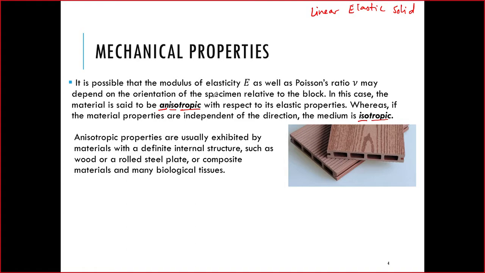Next, to add to the complexity, if instead of talking about directional dependence, we now talk about positional dependence of the material properties. Matlab ye कि if I look at this wood and I can already see कि कुछ फर्क थोड़े से इसमें patterns बन रहे हैं. So what if I take a sample from here and test it and find out what its Young's modulus is, whereas if I take a sample from here and test it, it turns out that it has different material properties.